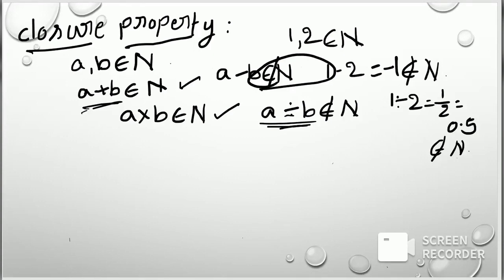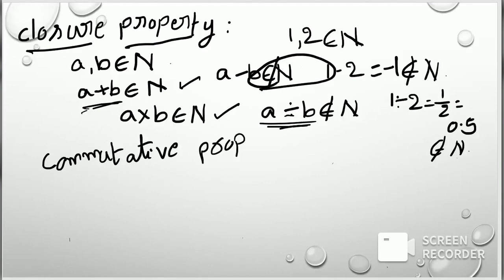Next topic is the commutative property. All these properties we check only under addition and multiplication.